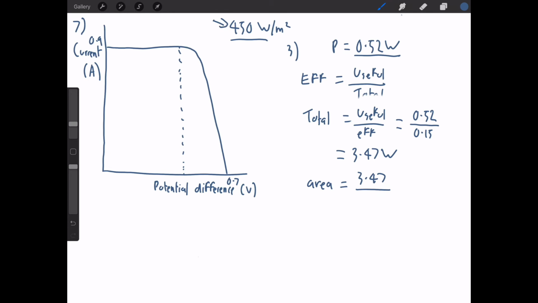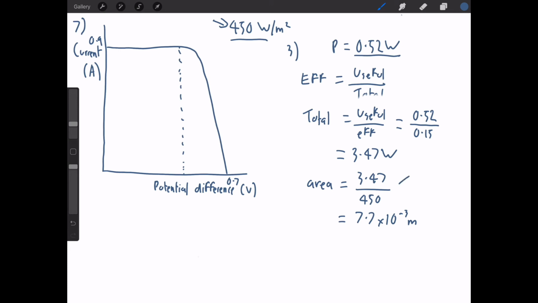The light intensity is 450 watts per meter squared. So dividing your 3.47 by your 450 gives us an area, and it's quite a small one, but that's okay, of 7.7 times 10 to the power minus 3.